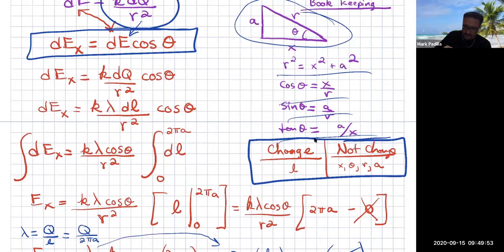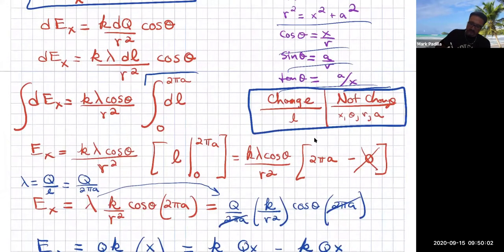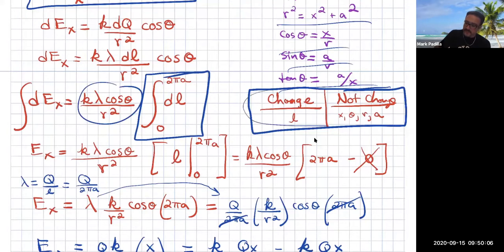So k lambda dL cosine theta, now it's just a matter of attacking the integral. This changing, not changing is important to do because it tells you what you need to integrate and what you don't need to integrate.